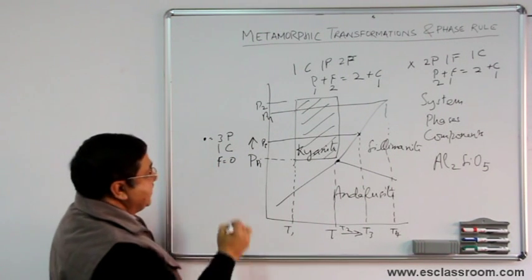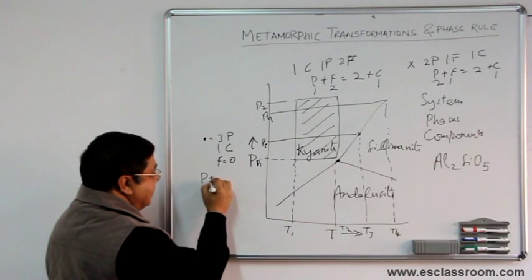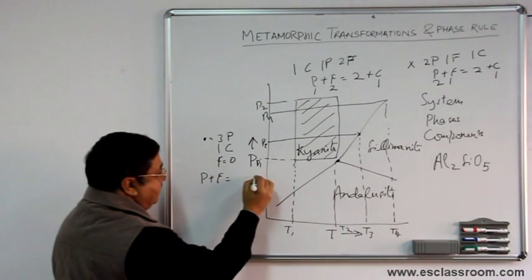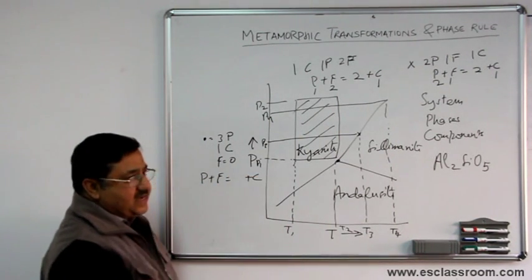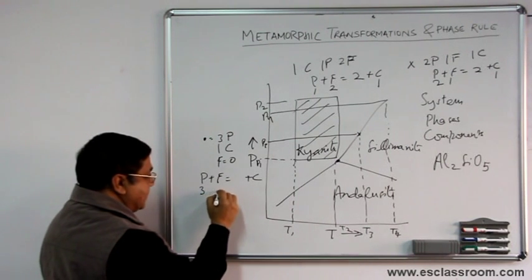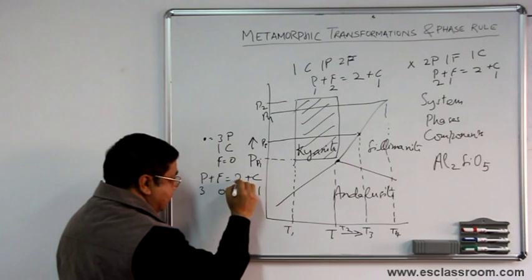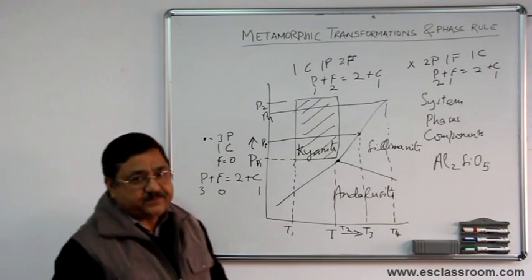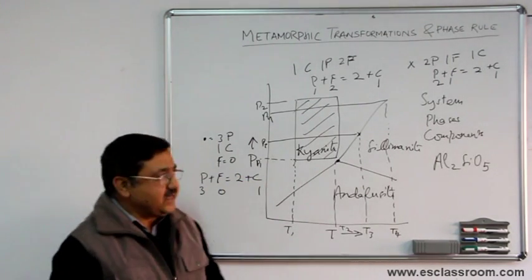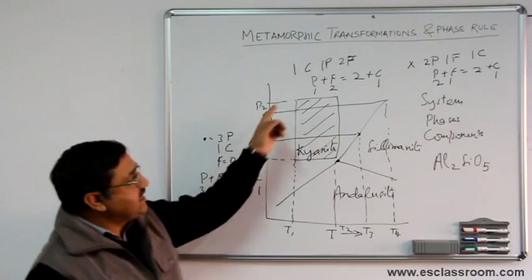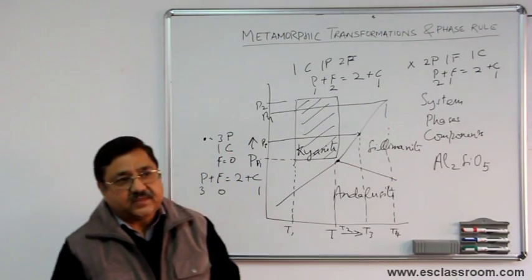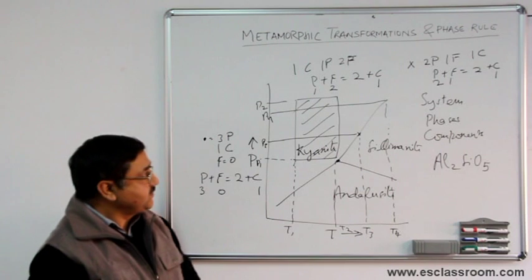Let us write this again in the form of an equation like this, and you see we have 3 phases, 0 degrees of freedom, 1 component, and as you can see, to balance it we still require an equation which is exactly similar to the earlier 2 equations.